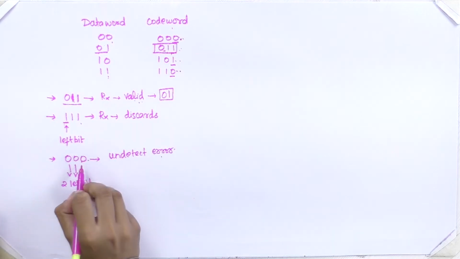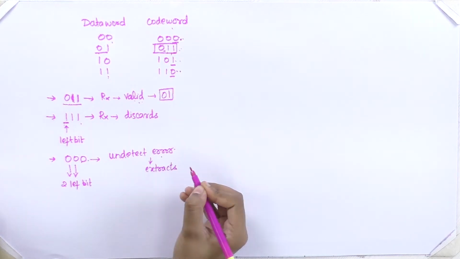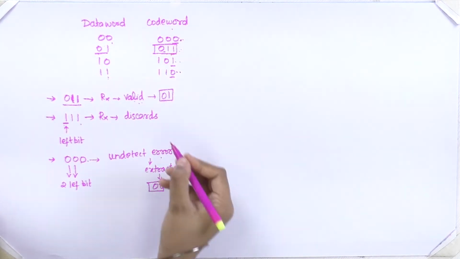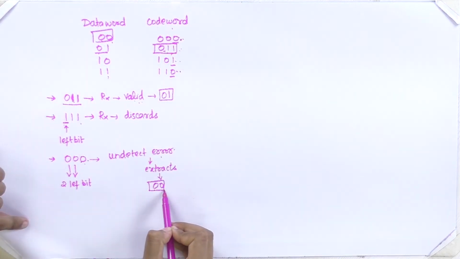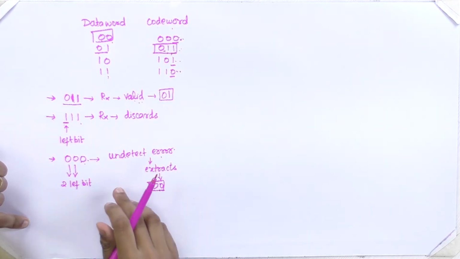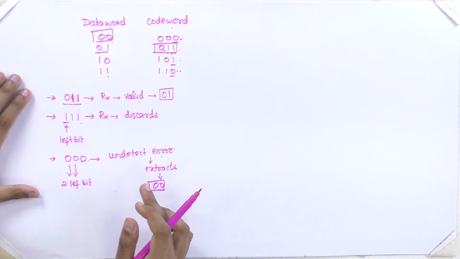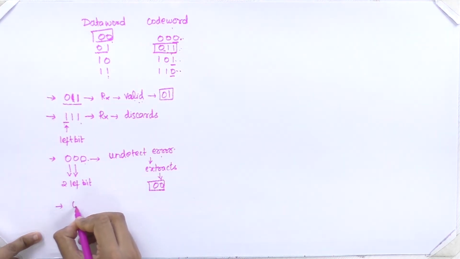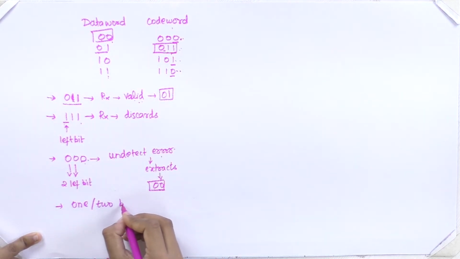The error is left undetected, so he extracts the data word. On extraction, the data he receives will be 00, which is not the corresponding data word; the original data word was 01. So he extracted an invalid data word. So these are all the cases where your errors can be detected. This type of code can identify up to a 1 or 2 bit error.